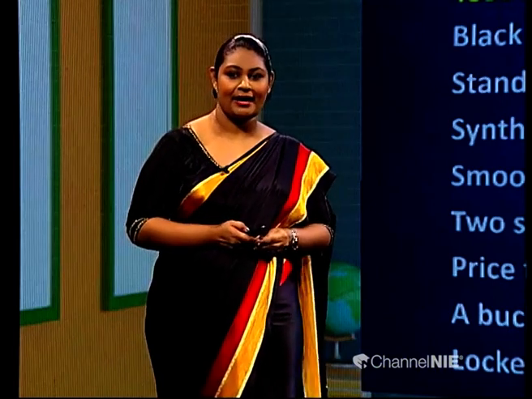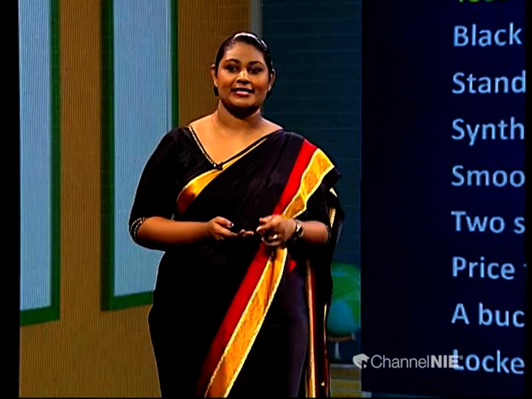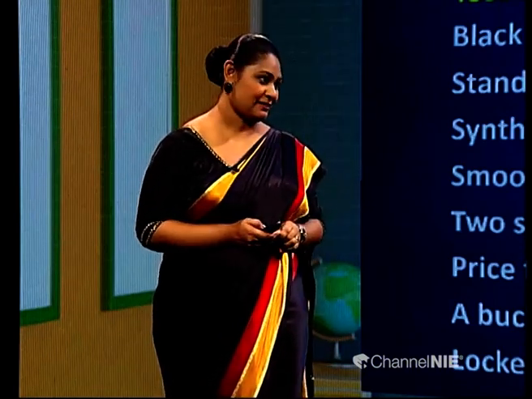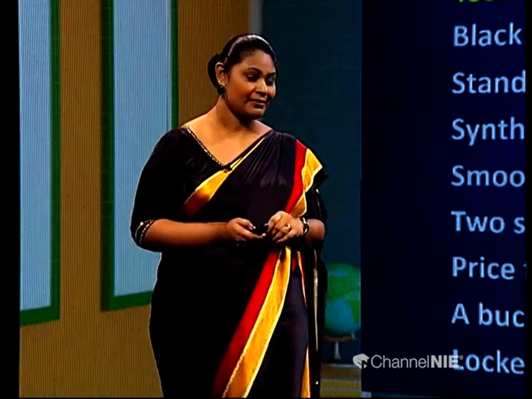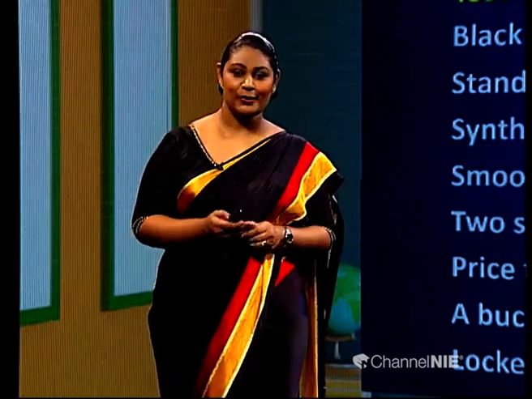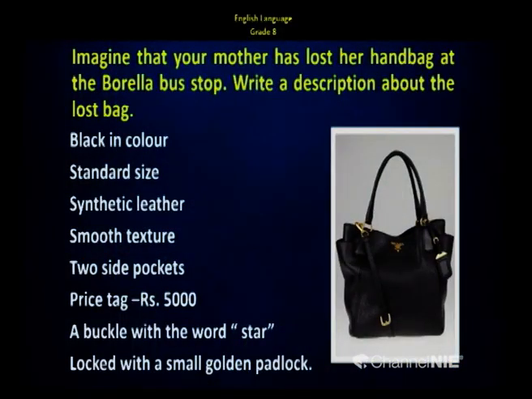Now imagine that your mother has lost her handbag at the Borella bus stop. Now you are to write a description about this lost bag. Children are going to do that, Miss Niranji, but we are going to tell them the facts that they have to include. What are the facts that are there on the board? Right. So the handbag is black in color, standard size, synthetic leather.